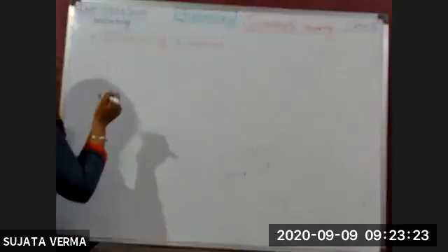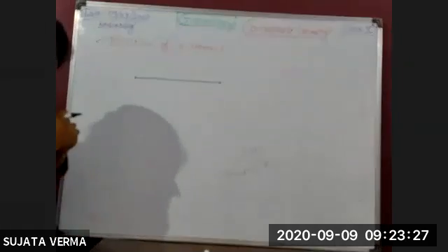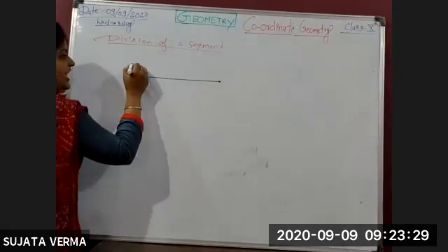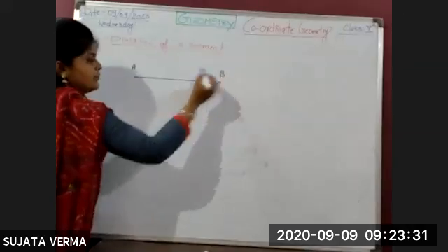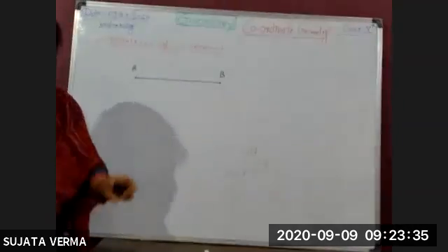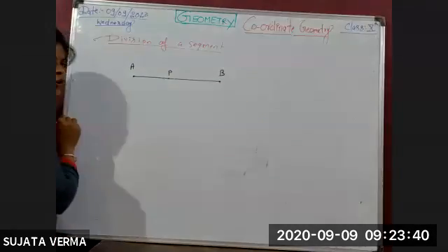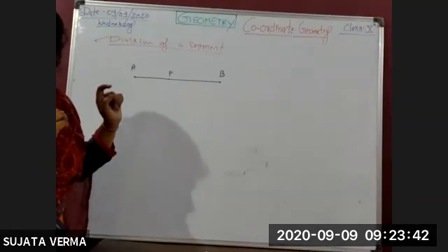What is meant by division of a segment? Listen carefully. If we have a line segment, this one is the line segment A and B. Okay. Then we take one point on this line segment anywhere. We take a point P on this line segment. Clear?